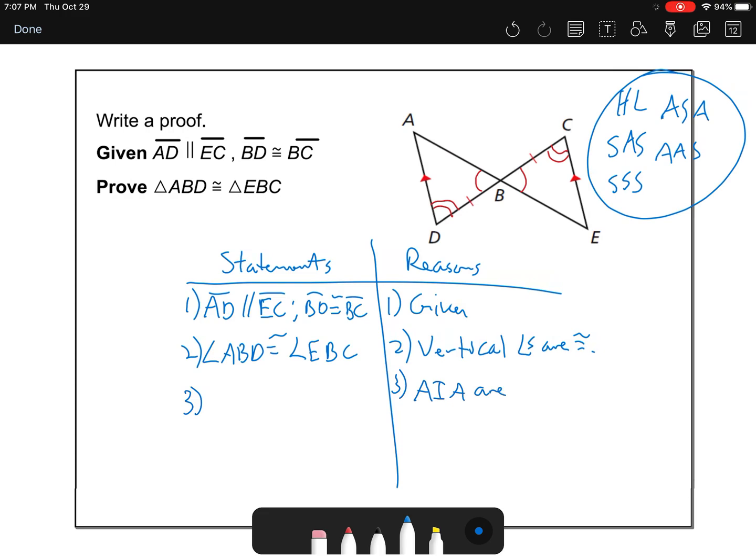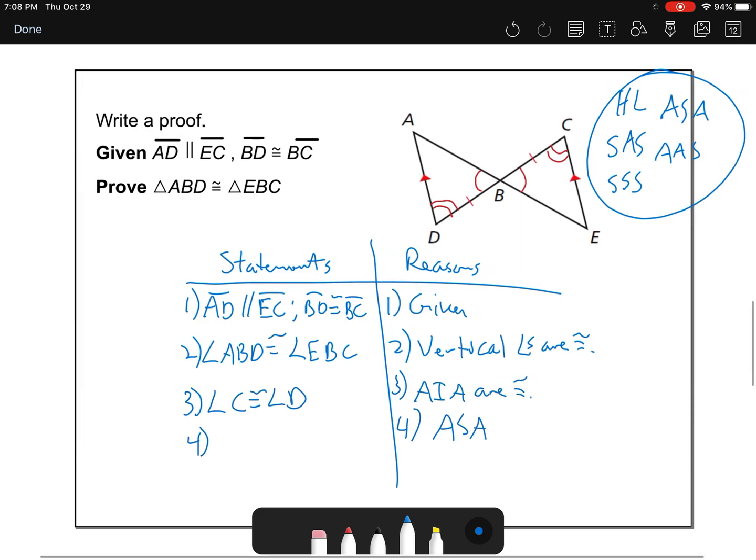Alternate interior angles are congruent. Lines are parallel. Therefore, the alternate interior angles are congruent. So angle C would be congruent to angle D. So I think we can go right to it then, can't we? We have angle, side, angle. So triangle ABD is congruent to triangle EBC by angle side angle.